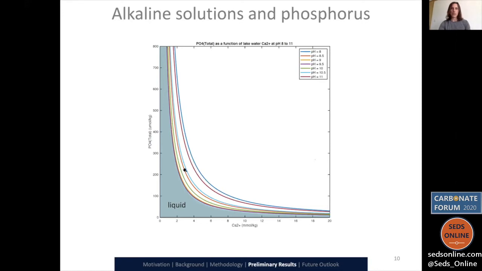So all these curves are actually solubility curves of this phosphate precursor. So we can see that under this whole range of high pH values, we can have high phosphate concentration in the solution, provided that calcium remains low in the same solution. Otherwise, we may certainly expect that some insoluble phosphate minerals will start to precipitate.